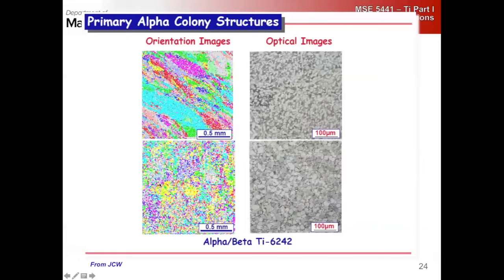If you look at this scale bar, this is half a millimeter, so this is 500 microns. These are not individual grains, but big clusters of grains that have nearly the same orientation, which means I've got a whole bunch of small angle grain boundaries in here.